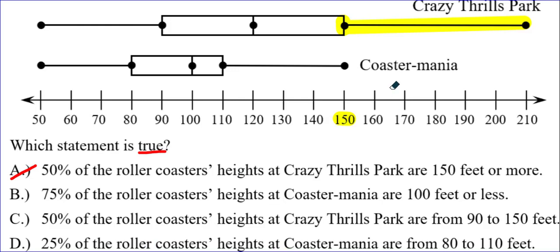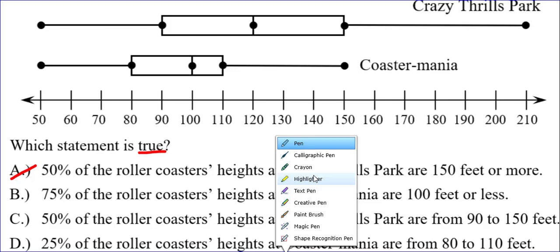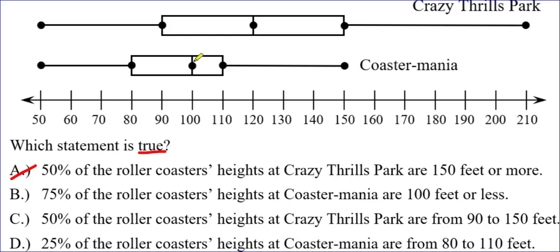All right, next. It says 75% for choice B of the roller coaster's heights at Coaster Mania. Okay, that's the second graph. Are 100 feet or less. All right, 100 feet or less. Here's 100 feet. Now notice I'm on Coaster Mania. That's what this talked about. 100 feet or less.